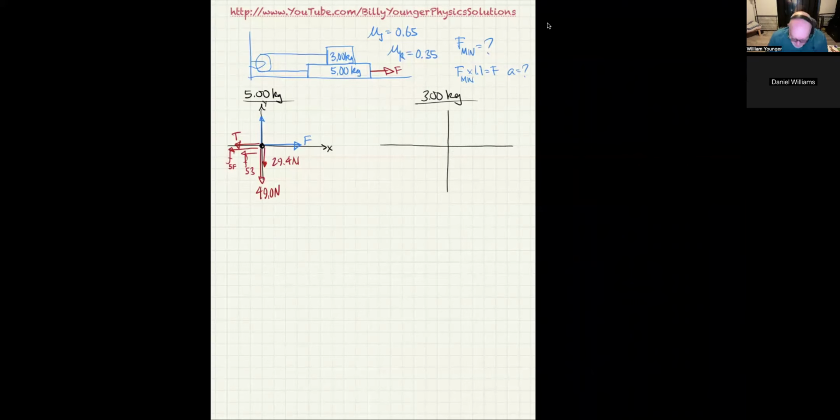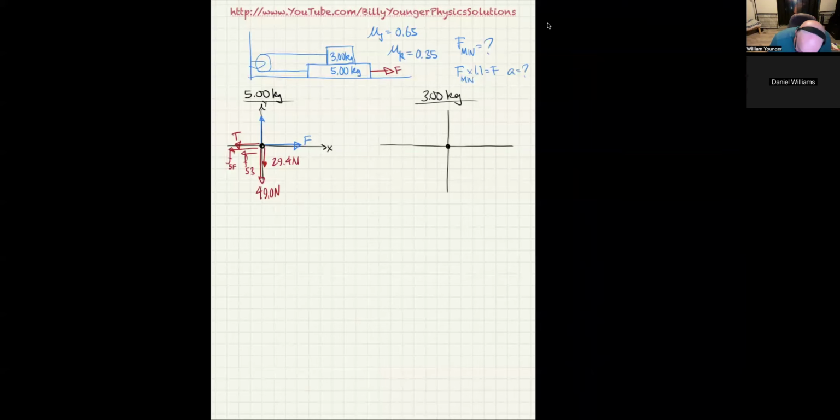And in this case, no force F is being applied to the 3 kilograms, but it still has, as I try to tell my students in my class, you want to go through each thing that's touching the object of mass M that you're applying Newton's second law to, and then look for the actions at a distance. So I see the 3 kilogram is only touching the 5 kilogram and the rope, and then the action at a distance is only gravity. Okay, so that's what helps me with this one.